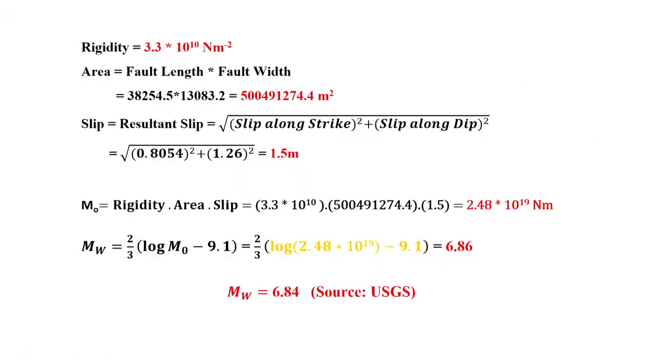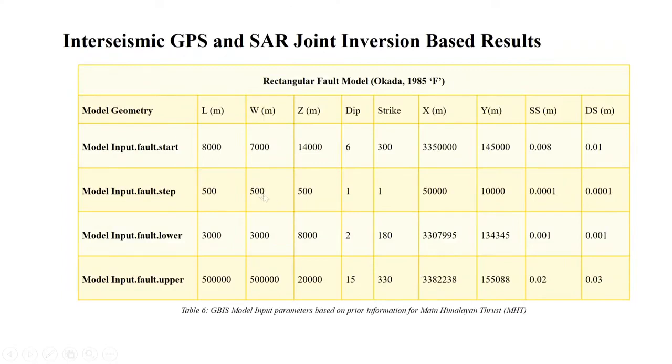You can see that this particular model is giving a 6.86 model response, and USGS has published 6.84. So you can see a very good correlation between these two responses. It means the model is working satisfactorily, and then we have used it for interseismic study.